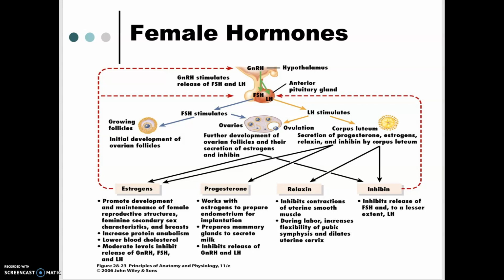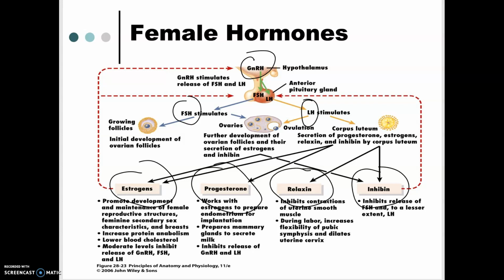What I would expect you to know from this is what the major hormones are, starting up here with GnRH. You should also know what FSH and LH do and where they have their effect, and then know not everything about all of these hormones, but know a little bit about each one of these. So have an idea of what the major effects are from these hormones.